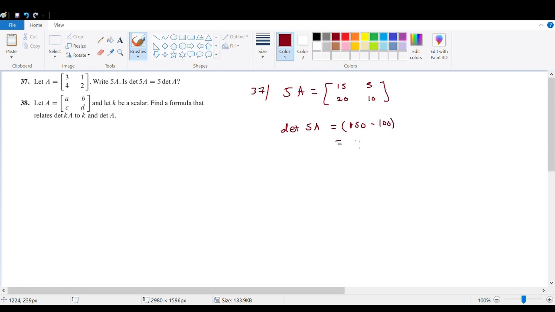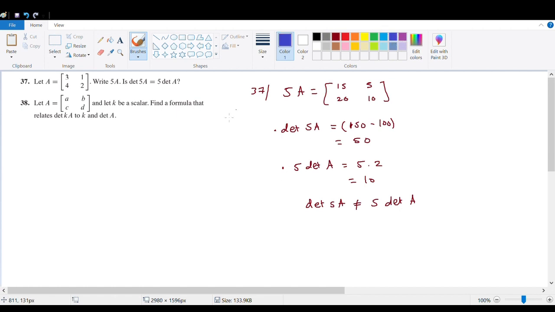So this is equal to 50. Now 5 determinant of A is equal to 5 multiplied by the determinant of A, 3 multiplied by 2, 6, minus 4, 2, which is equal to 10. So the determinant of 5A is not equal to 5 determinant of A.